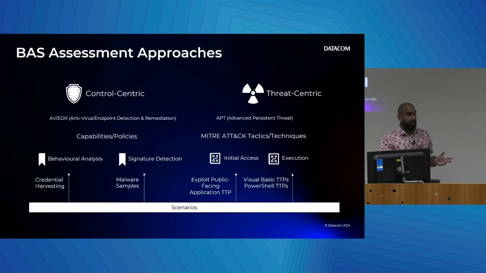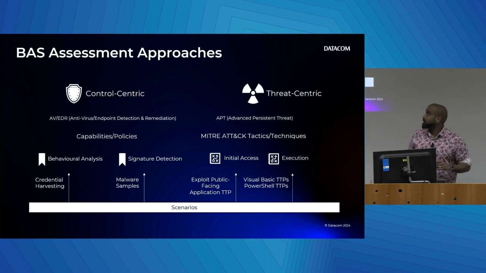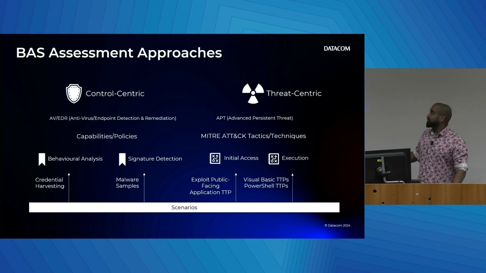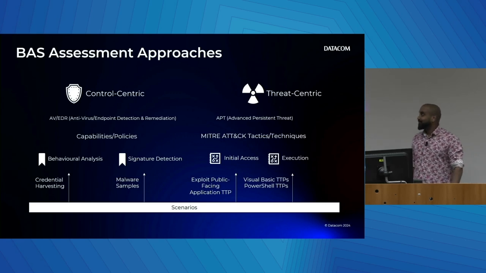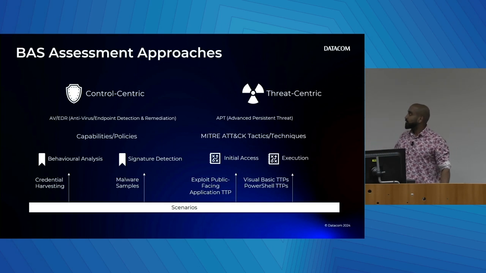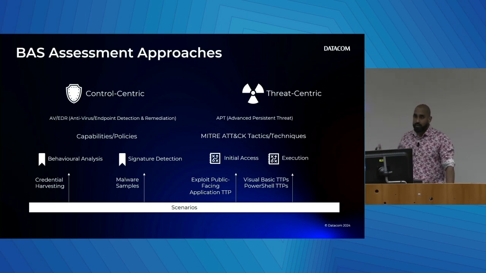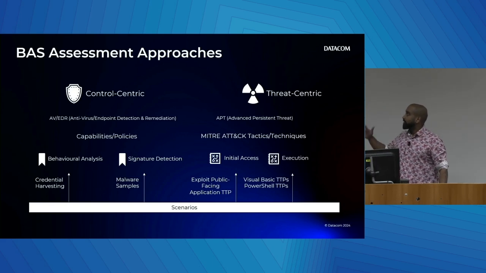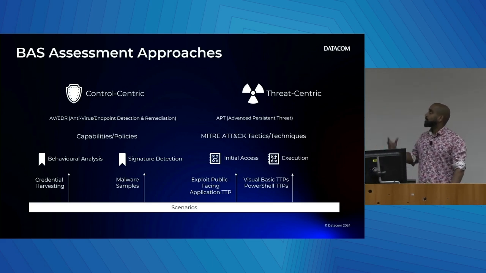How we like to break BAS and the assessment types down is into what we call control-centric and threat-centric. The concepts are pretty clear in the names, but with control-centric, we see things like credential harvesting and malware samples. Those are scenarios of TTPs and how they fit into the controls themselves.